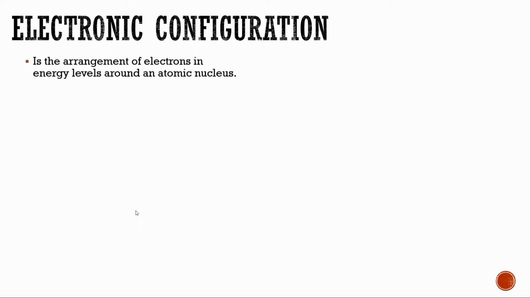Okay, so electronic configuration is the arrangement of electrons in energy levels around an atomic nucleus. So gamit ang electronic configuration, ma-identify natin ang arrangement ng electrons sa kanilang energy level around the atomic nucleus.